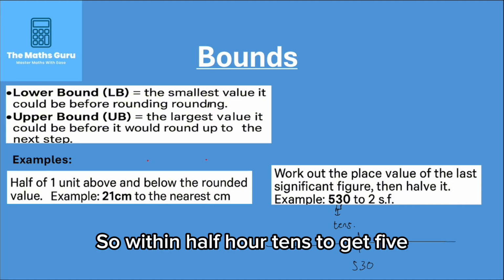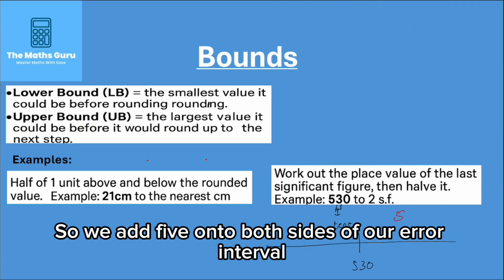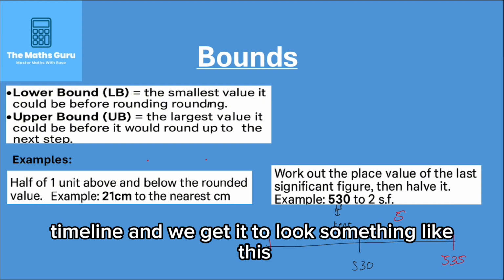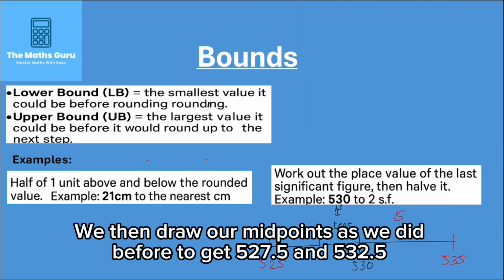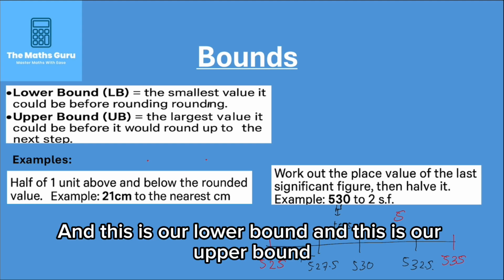So we then half our tens to get 5. So we add 5 onto both sides of our error interval timeline, and we get it to look something like this. We then draw our midpoints as we did before to get 527.5 and 532.5. And this is our lower bound and this is our upper bound.